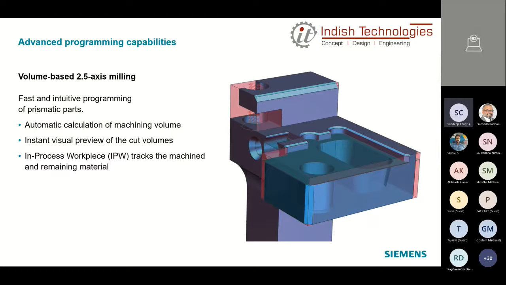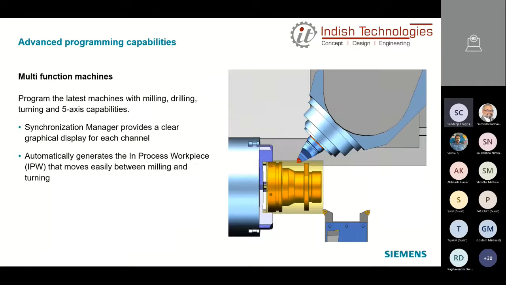Even if your model is not ready, you can create the toolpaths on a curve basis and make an in-process workpiece from those curves also. 2.5 axis as mill planar, then you have mill contour, mill rotary, mill multi-axis, turn mill, all those categories branched together into groups. You can select your category and make the best use of it.